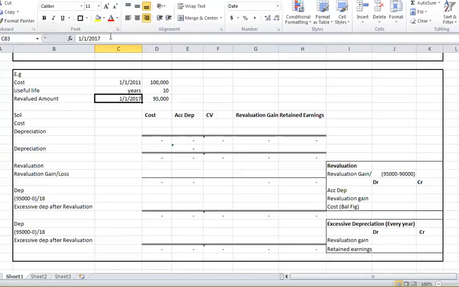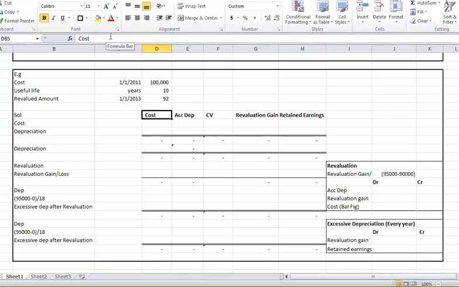And on 1st Jan 2013, the asset has been revalued, and its revalued amount is, say, 92,000. So this is a small example.